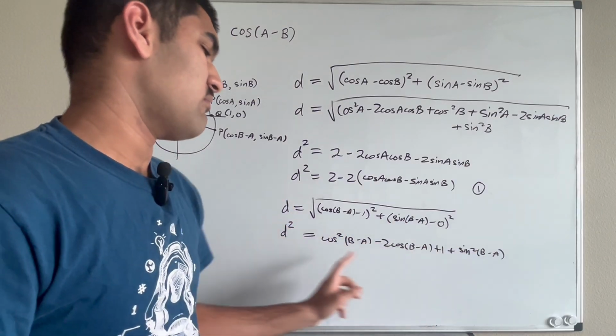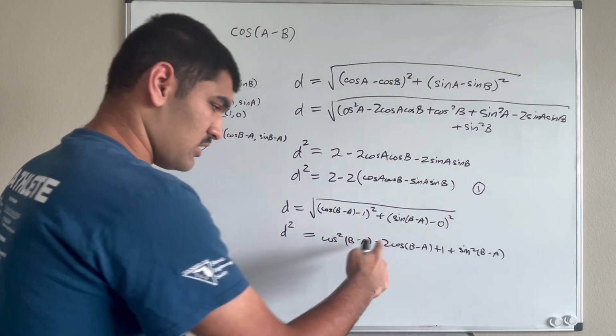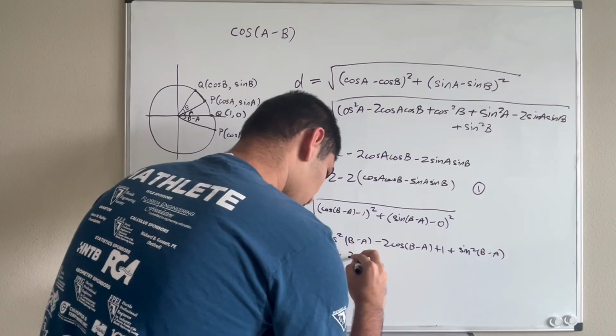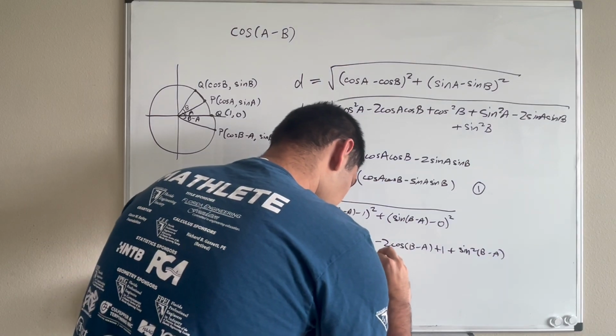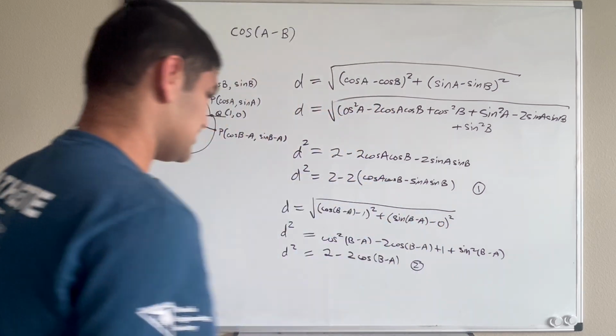We have 1 from there and also this plus 1, so in total, d squared is equal to 2 minus 2 cosine of B minus A. This will be our second equation for the distance.